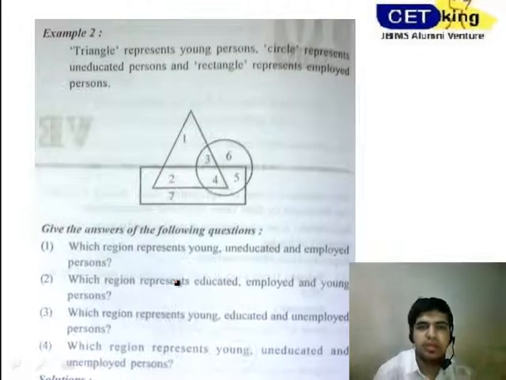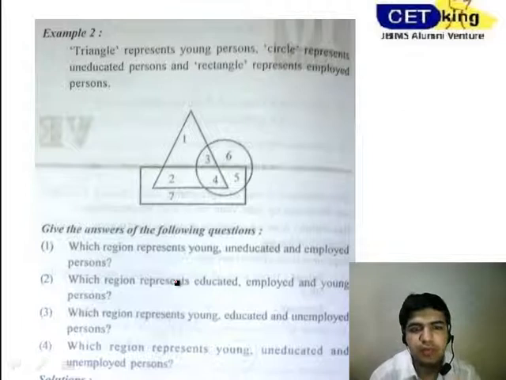Up till now, what we did was one type of question. Another type of question is like this, in which we'll be given that the triangle represents young persons, the circle represents uneducated persons, and the rectangle represents employed persons.